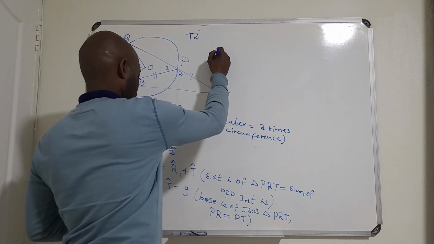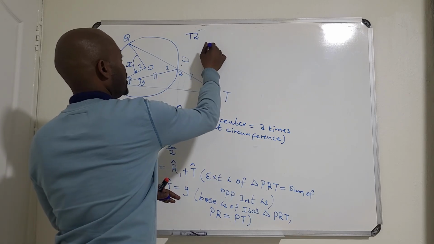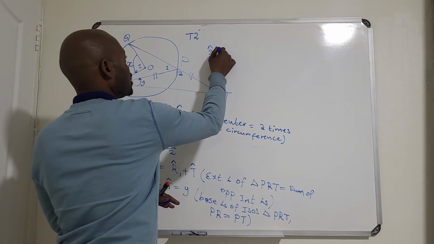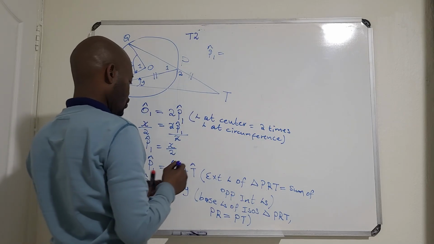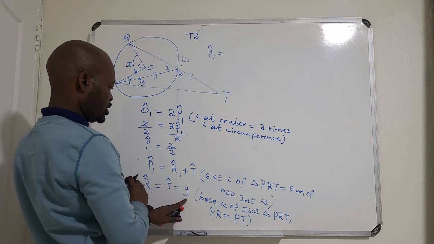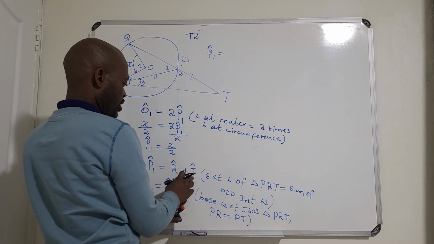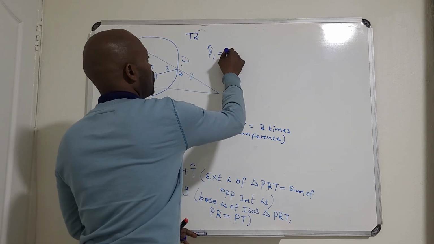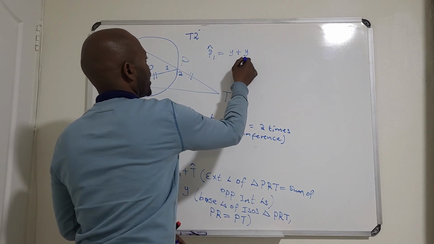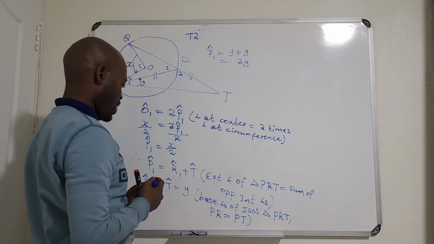Now, from here we get angle P1, which is equal to R1, obviously equal to T, so we have y plus y, which is equal to 2y.